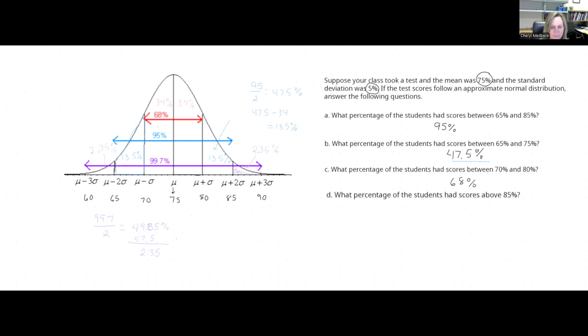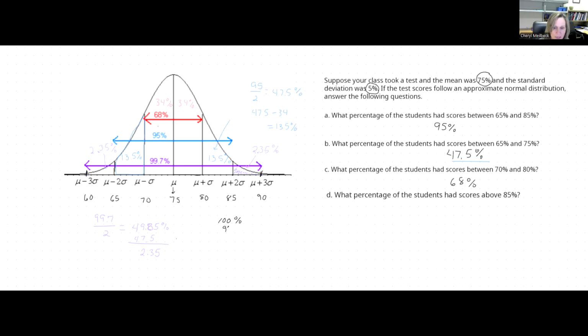Okay, we're almost done. We know that 99.7% lies from 3 standard deviations below to 3 standard deviations above. Underneath the total curve, we'd have 100%.